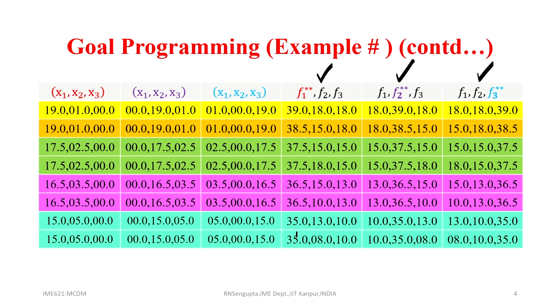If I consider the yellow marked cells only, I will use the red color, because that is f1 double star being maximized. It will be easy for us to differentiate using the coloring scheme.